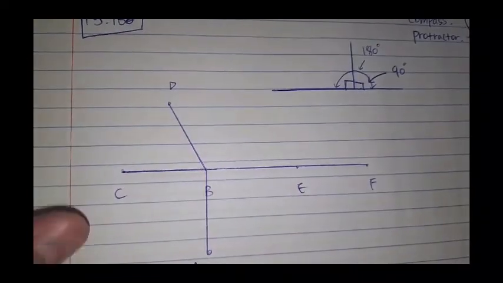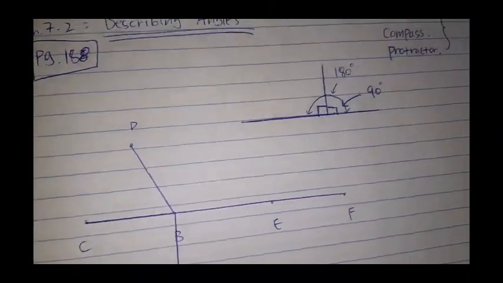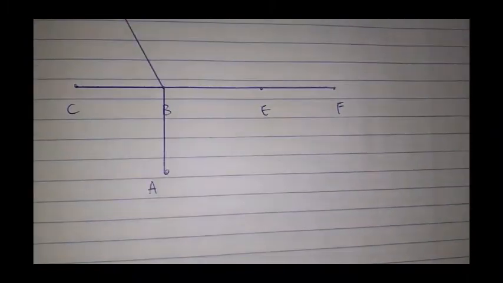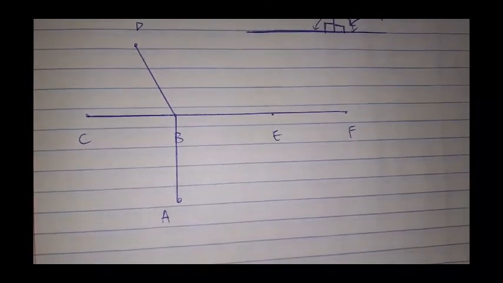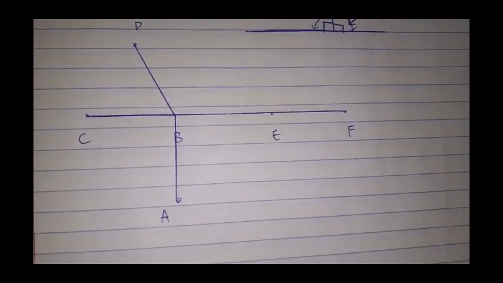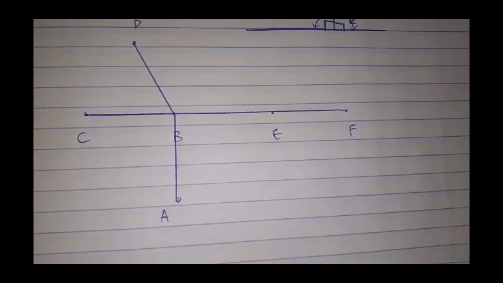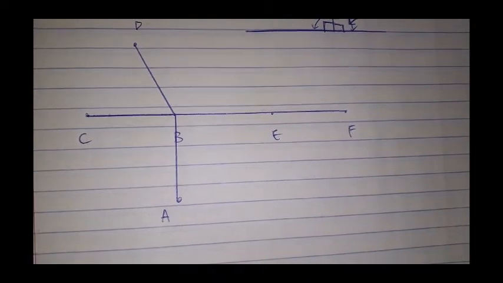So we have points A, B, C, D, E, all the way to F, and we are going to learn some definitions of an angle.